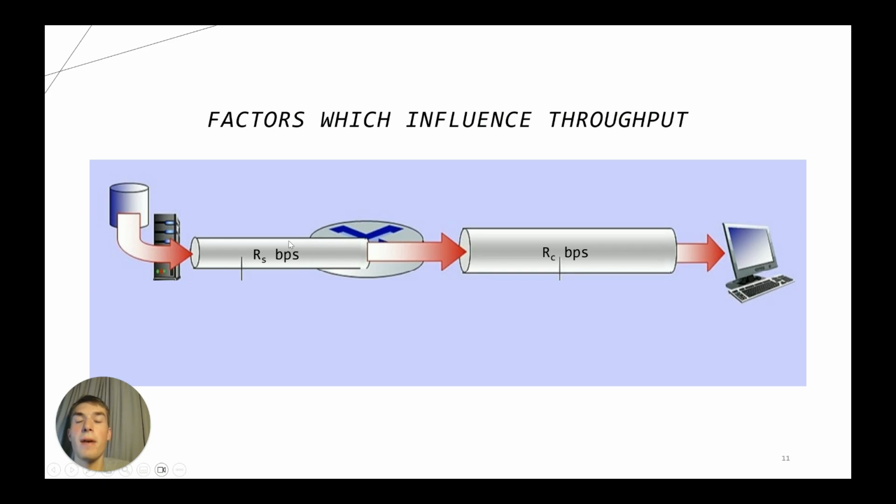Now, throughput's going to be impacted by a lot of factors. I've cleaned up the previous diagram a little bit. But we're going to see that there's delay in here. This is a link, and it's going to have a bandwidth of R sub s bits per second. Then we're going to probably have a queuing delay in this router, and then another transmission delay through this link.